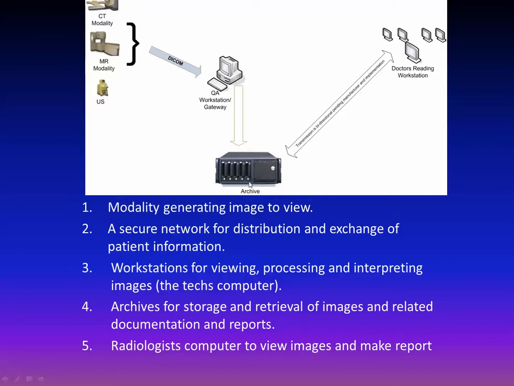From the workstation, it's going to get transported to the archive, and this is also going from the archive to the radiologist's workstation. So again, we got the radiologist over here, the technologist here, images getting taken here, and then all the information is stored right here in our archive. So these are the different components of what a PACS actually is.